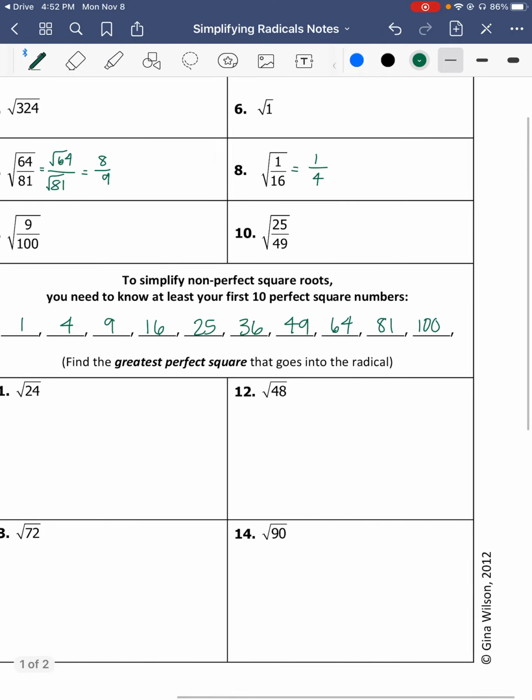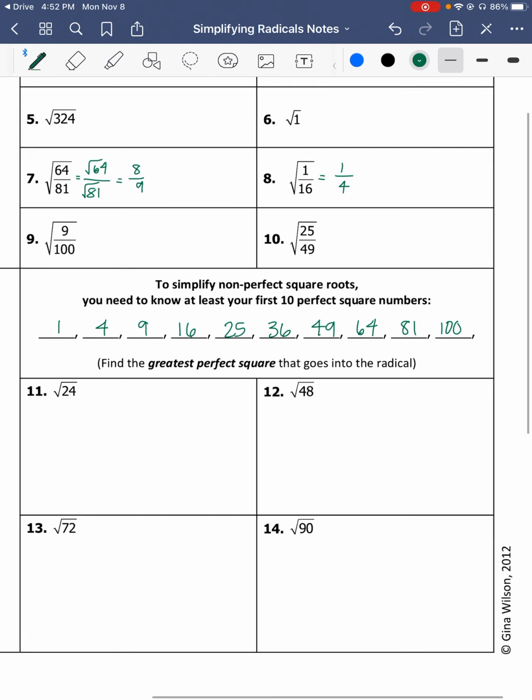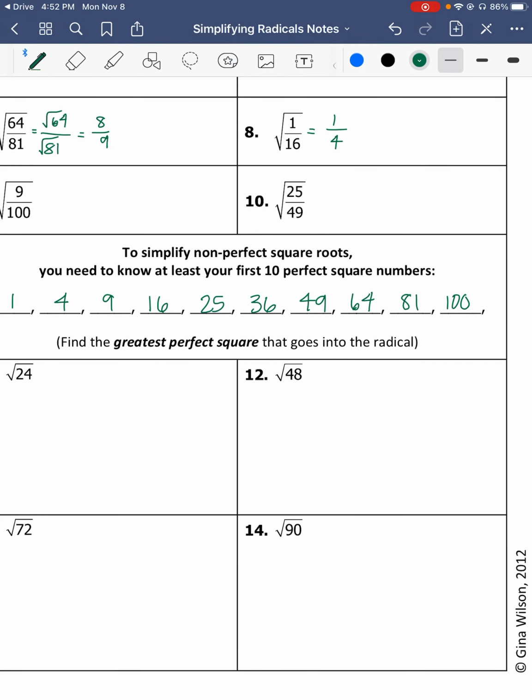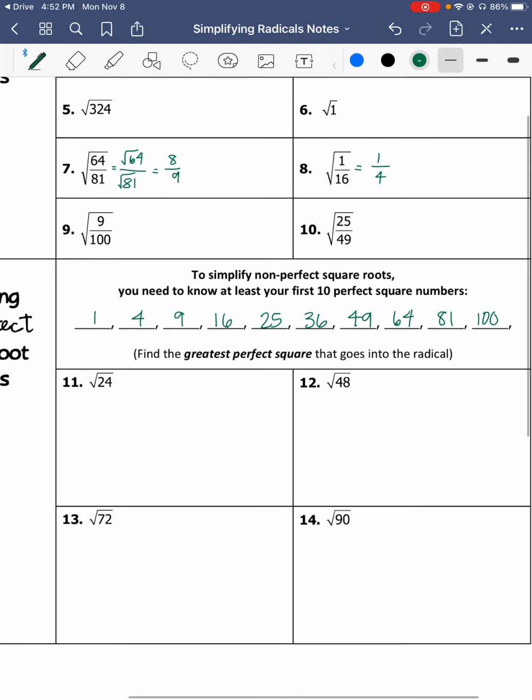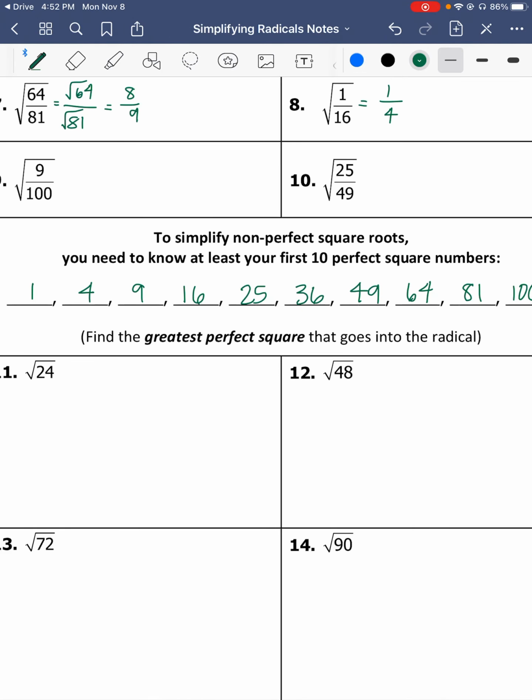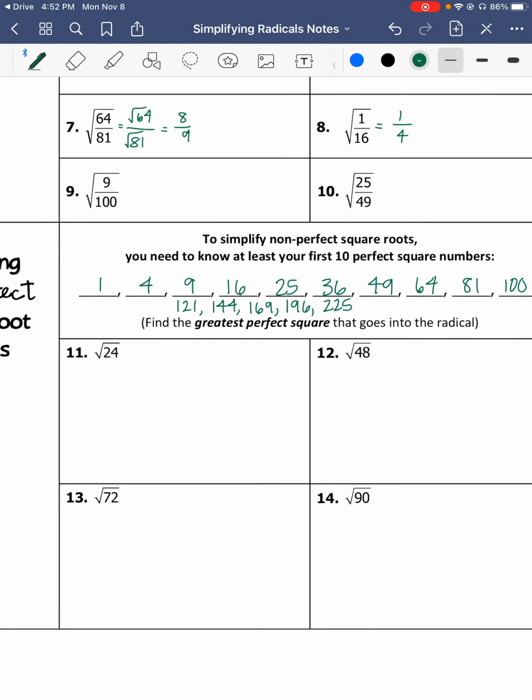In addition to this, I have asked you to also memorize 11, 12, 13, 14, and 15. So I'll just write those down here underneath it. So 11 squared is 121, 12 squared is 144, 13 squared is 169, 14 squared is 196, and 15 squared is 225. Okay, so I do expect you to have those memorized as well.